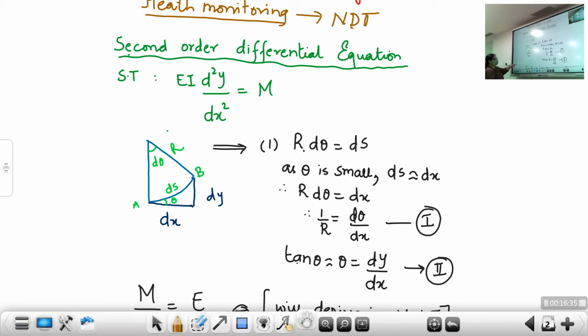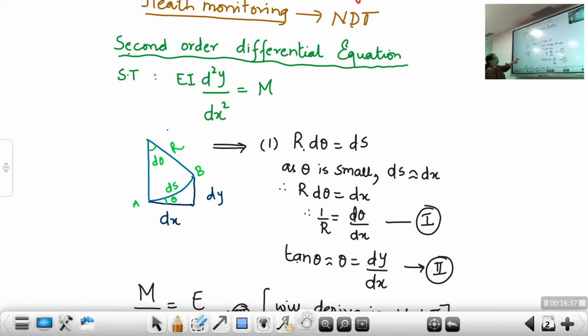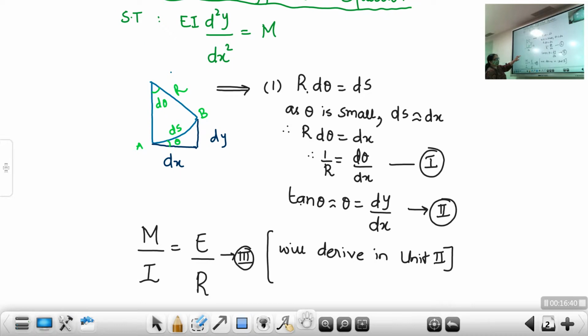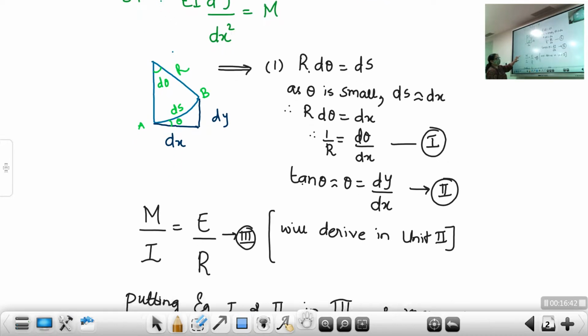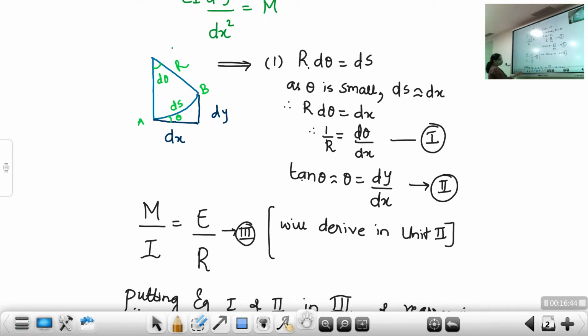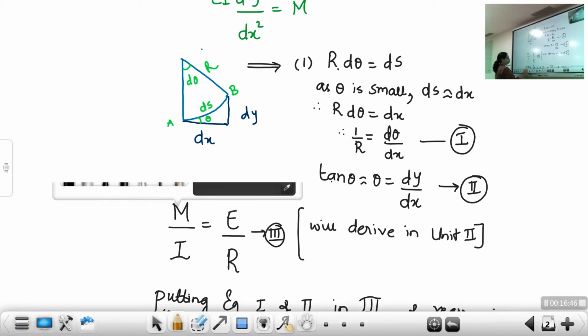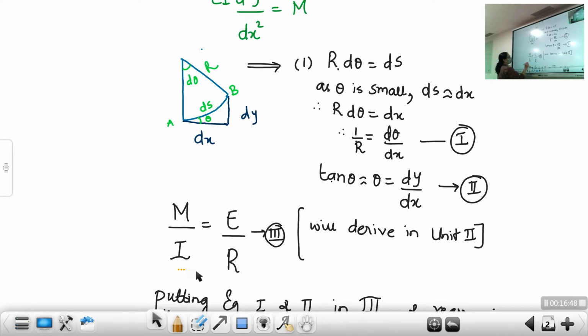Now we have the first equation and the second equation. Now we'll move further to derive the second order differential equation. So to derive it, this is the relation we get between the bending moment M, moment of inertia I, Young's modulus E, and radius of curvature r.